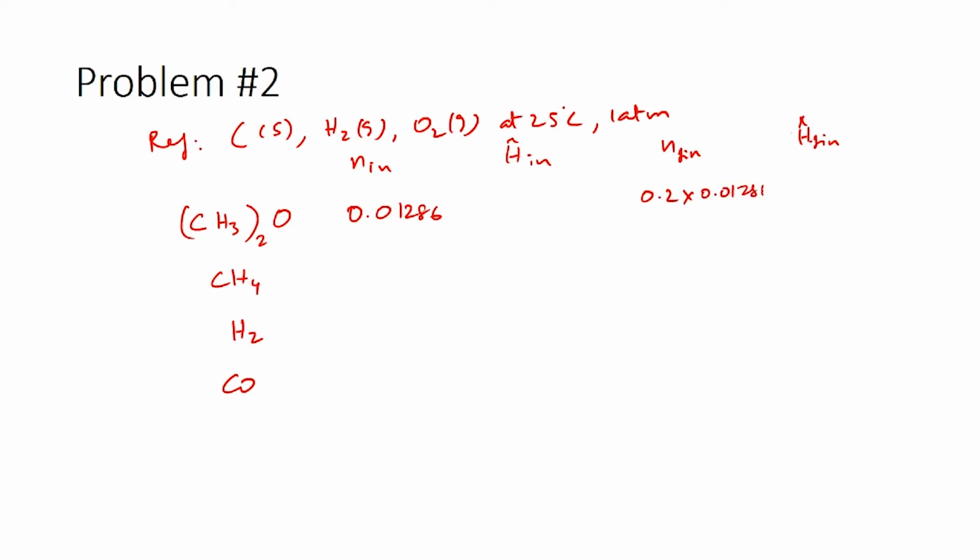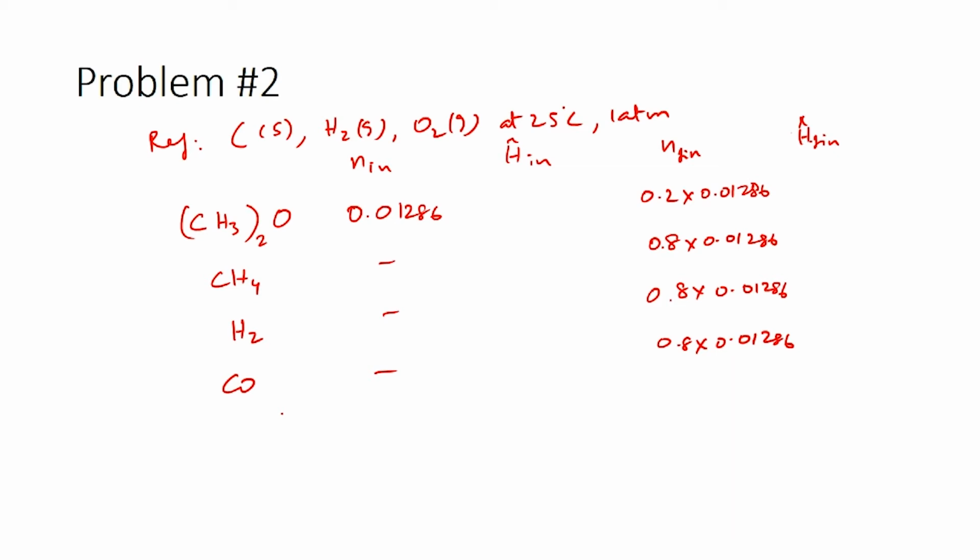Based on stoichiometry, the number of moles of methane in the final condition would be equal to the number of moles of dimethyl ether consumed, which would be 0.8 times 0.01286, and this would also be the value for hydrogen and carbon monoxide as well. So, you do not have any methane, hydrogen or carbon monoxide in the initial condition.